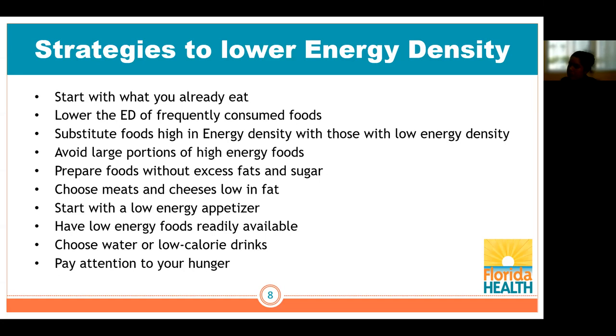And then finally, just give yourself time to adjust if you are going to start this lower energy density thing. It takes time for your body to adjust. It might feel like you're starving the first few days, even though the idea with this is that you feel full with the foods that you're going to be eating. But it just takes a while for your body to adjust.